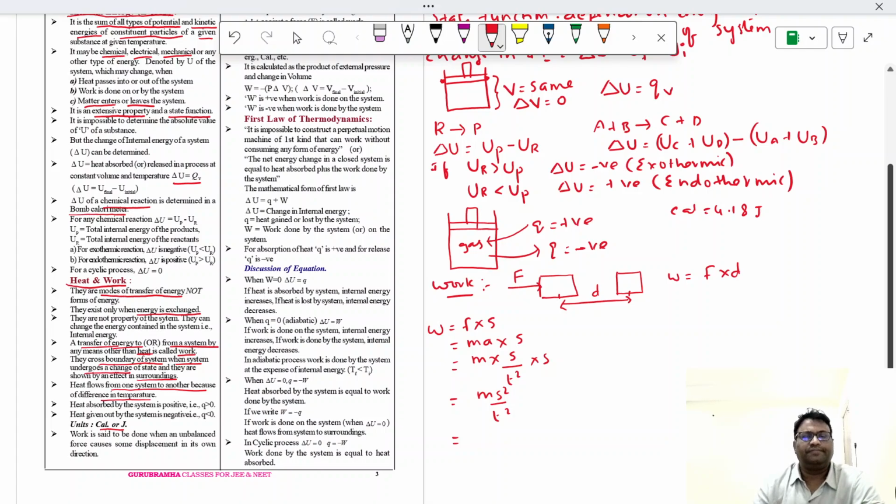That means mass in SI system, kg into meter square by second square.